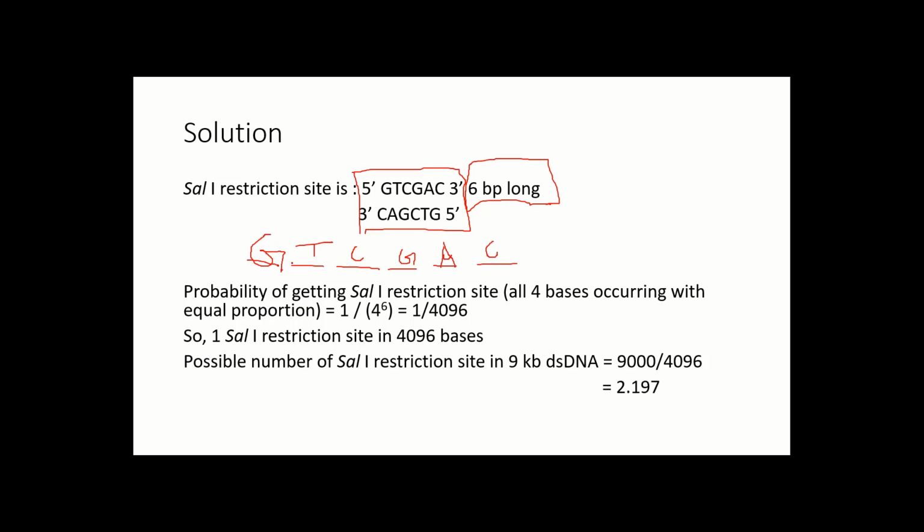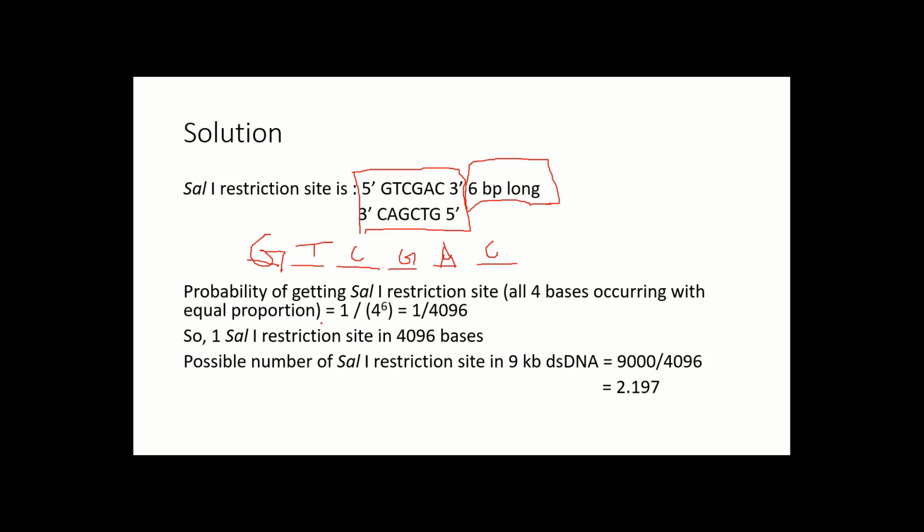So there is only one unique way to fill this 6-nucleotide sequence to make it a SalI restriction site.